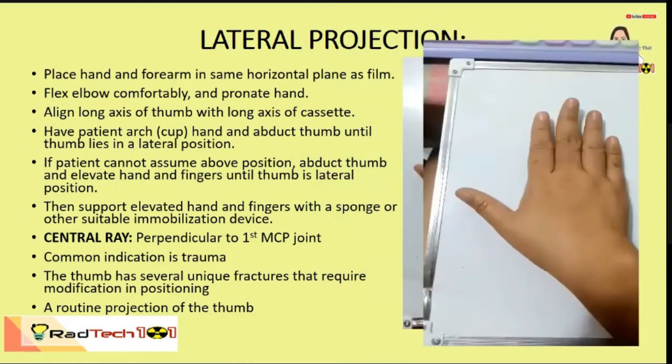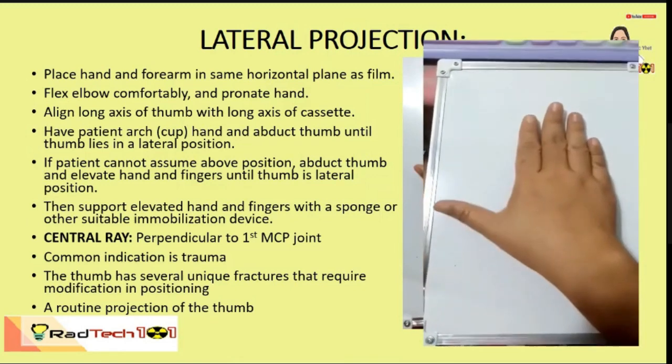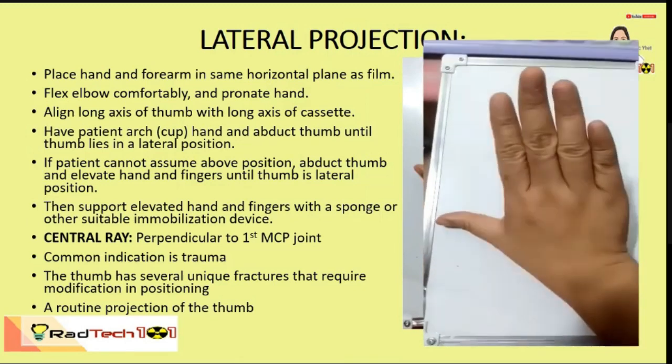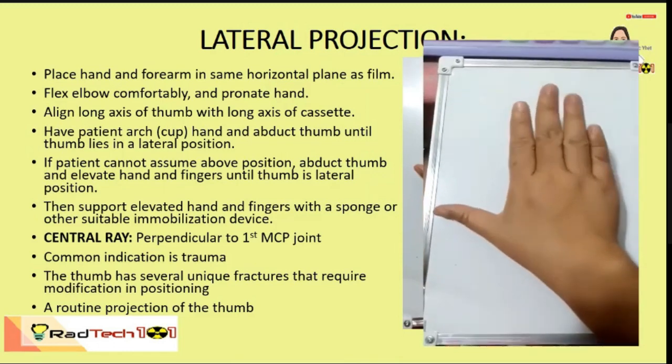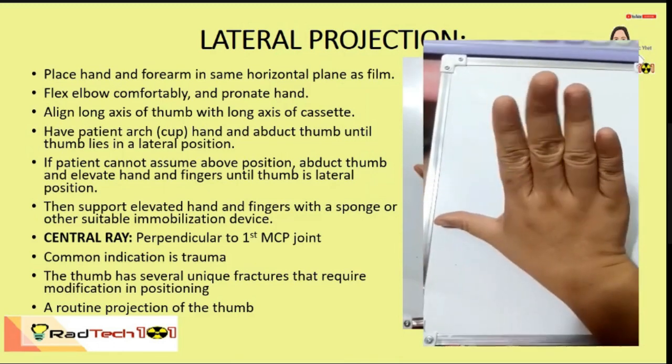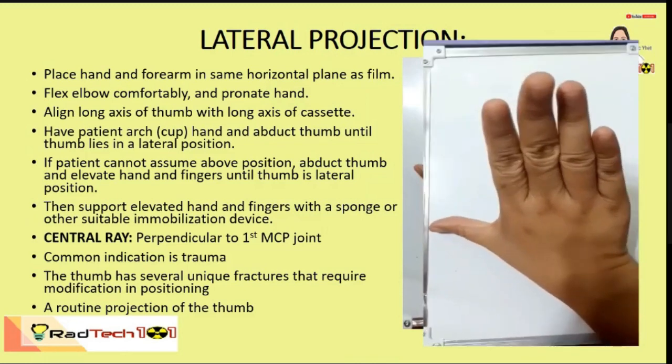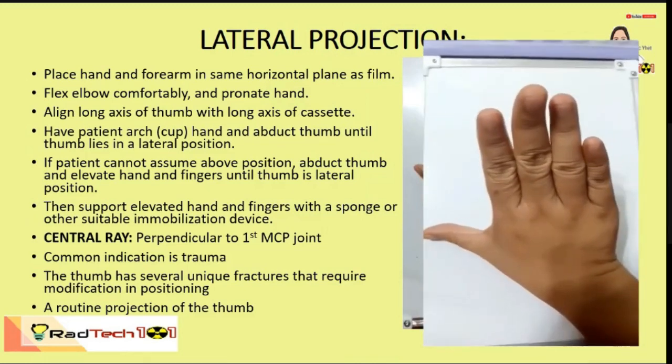So, another one. So, abduct lang siya. So, again, abduct the thumb and then elevate yung fingers and the other parts of the hand. Tapos, lagyan lang siya ng support to ensure na nakalateral yung thumb.